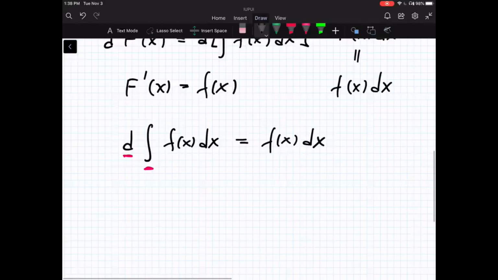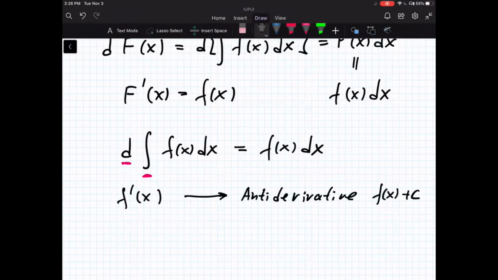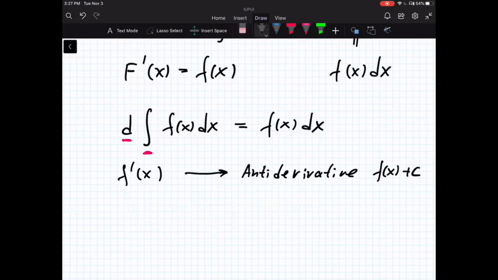And it turns out that the opposite is also true, because if you have the derivative of some function, then the antiderivative will be just f of x, maybe plus some constant. And thus the integral of the differential of f of x is the same as the integral of f prime of x dx for differentiable functions.